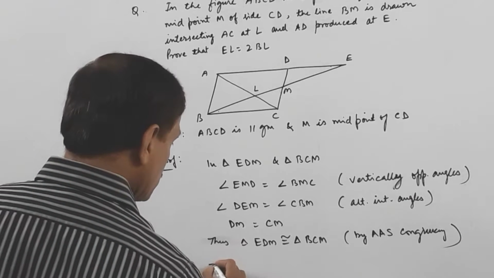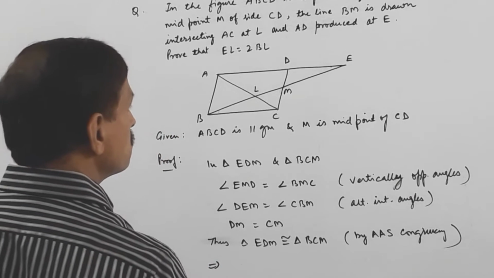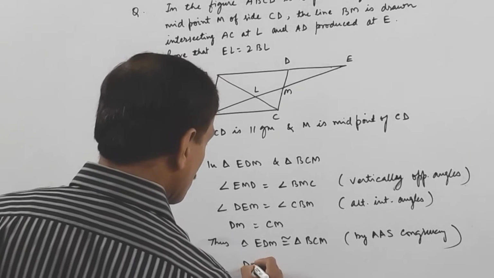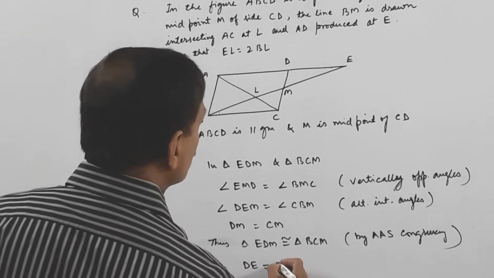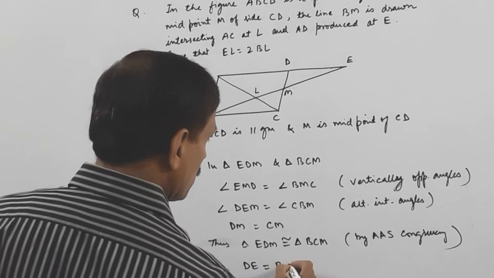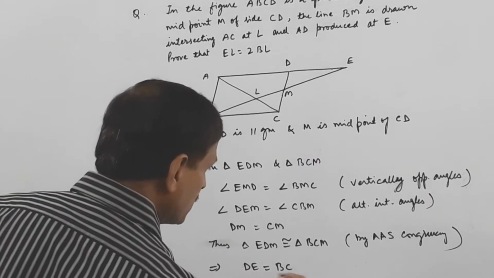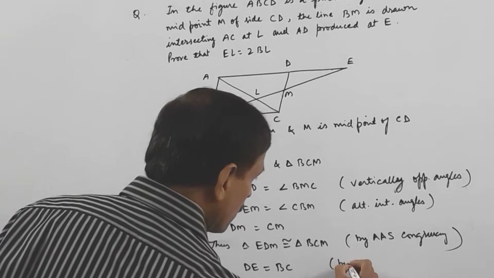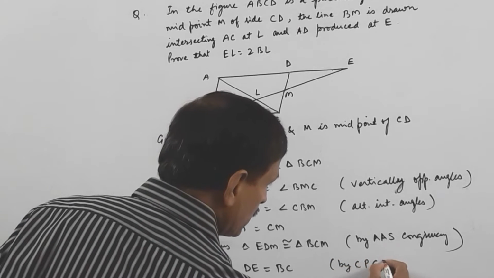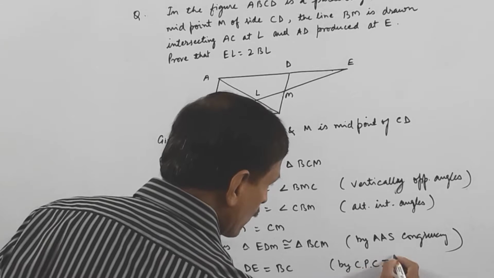It implies DE is equal to BC by CPCT, corresponding parts of congruent triangles.